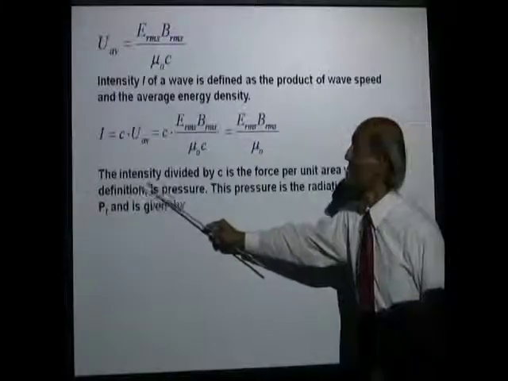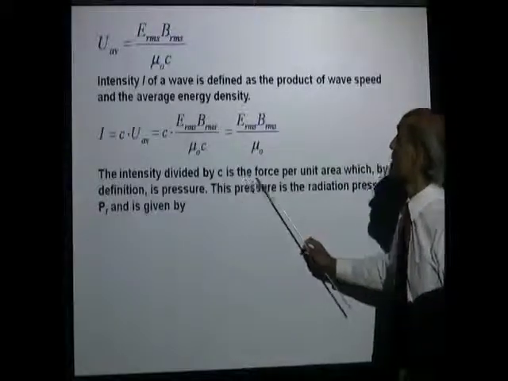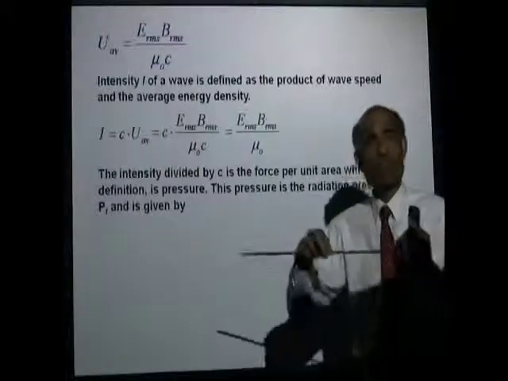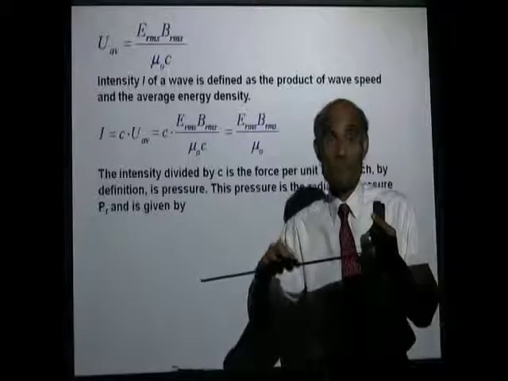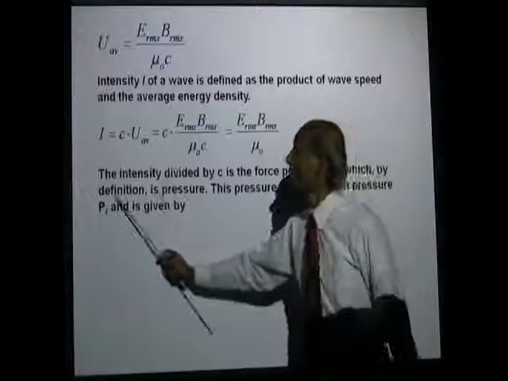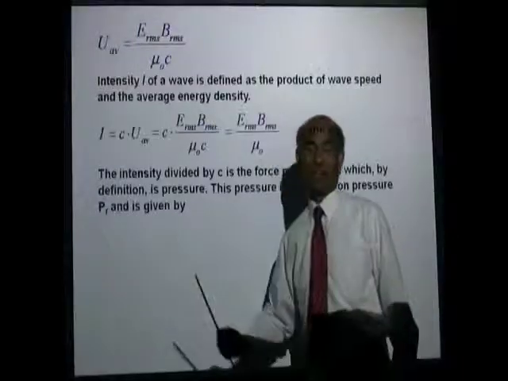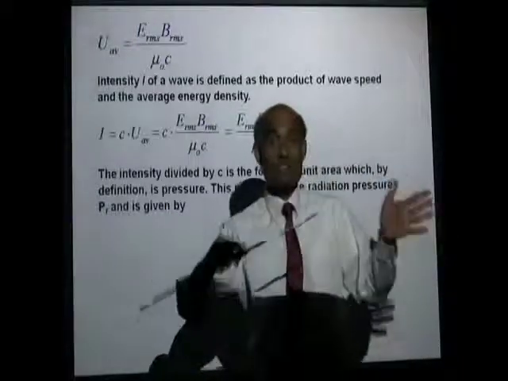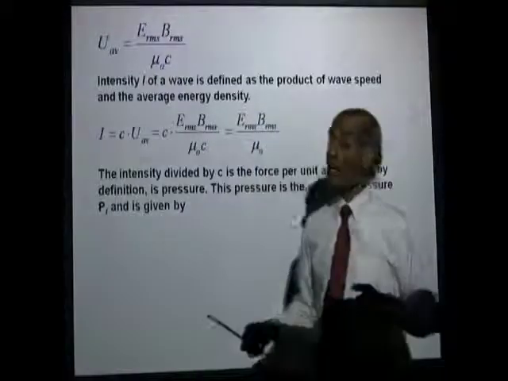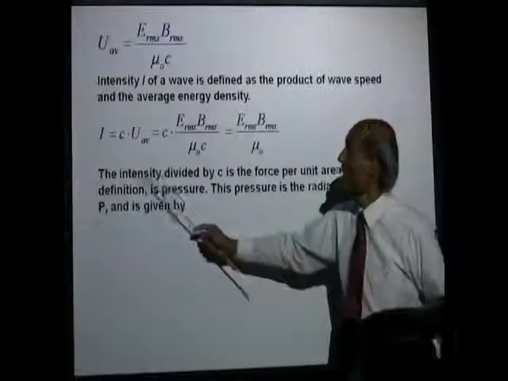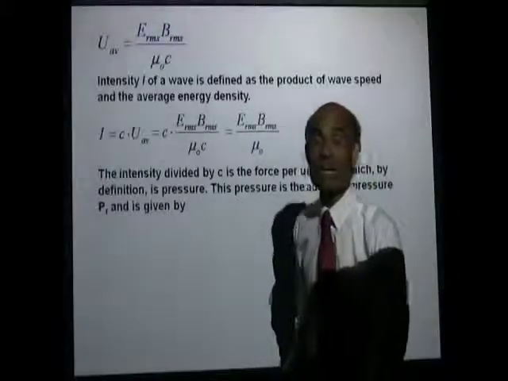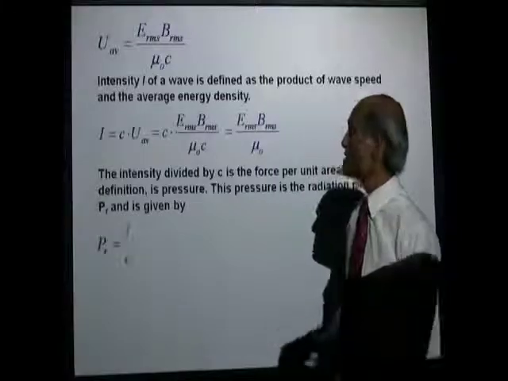Now, the intensity divided by c is the force per unit area. What's force per unit area called? Force per unit area is called the pressure, and therefore, whenever radiation falls on a surface, there's a radiation pressure. And how do you calculate the radiation pressure? It is the intensity divided by c. I divided by c is radiation pressure.